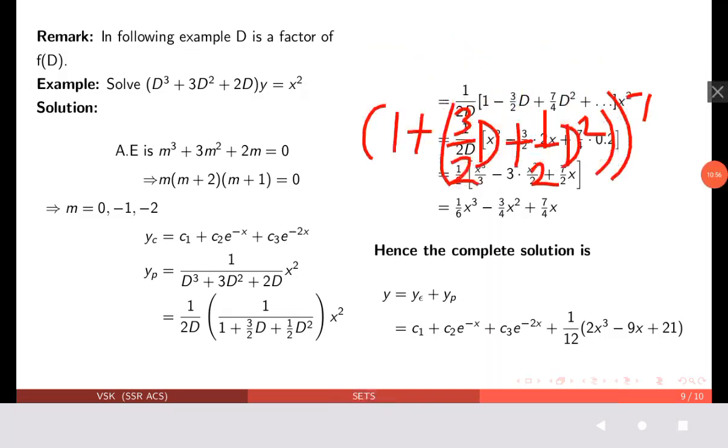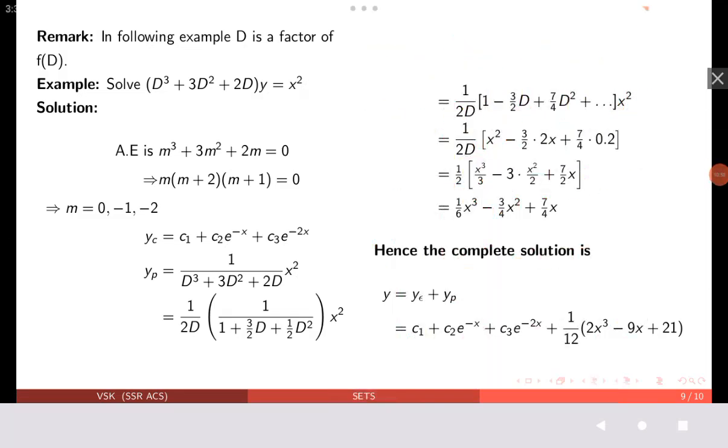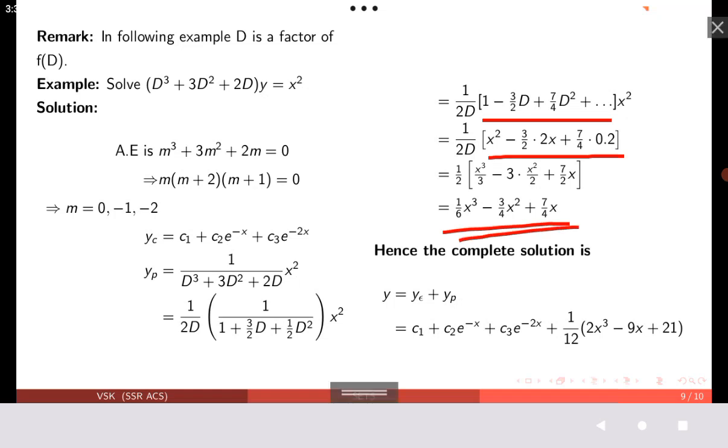So this becomes, and when we open this it becomes this expression, and when we apply x square inside, we get this expression, and on solving we finally get this expression. So by this way, these types of questions can be easily solved.